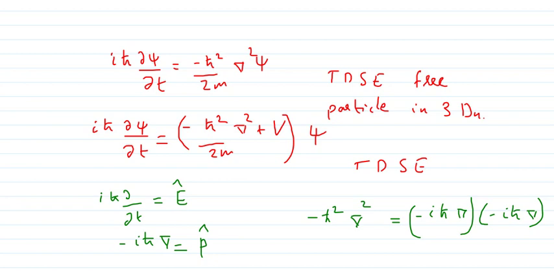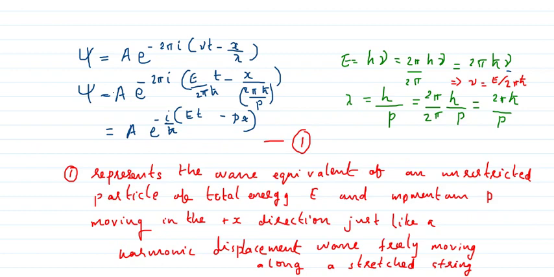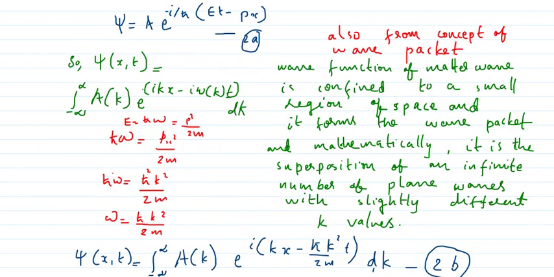So this is how we are deriving the Schrodinger equation, time dependent case, using 2a and 2b. 2a is just using the wave equation idea from classical mechanics, and 2b is the wave packet idea introduced by de Broglie.